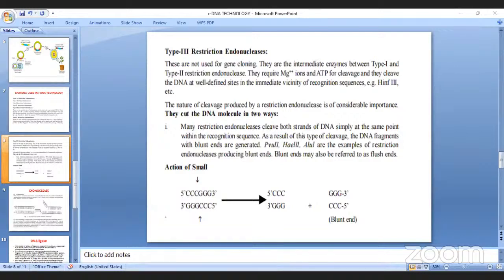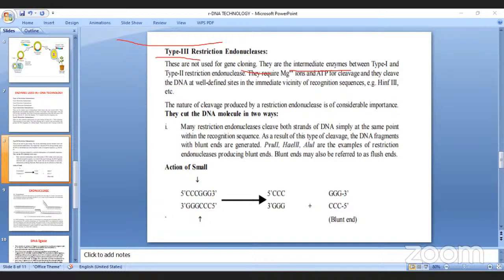Type 3 restriction endonucleases are not used for gene cloning. Type 1 and type 2 are used in gene cloning, but type 3 is not involved in gene cloning. They are intermediate enzymes between type 1 and type 2. They require magnesium ion like type 1 and type 2, and ATP for cleavage like type 1 only.